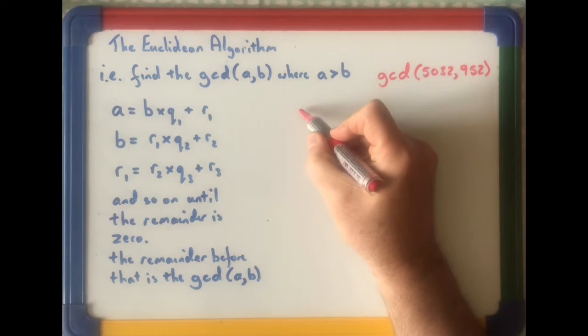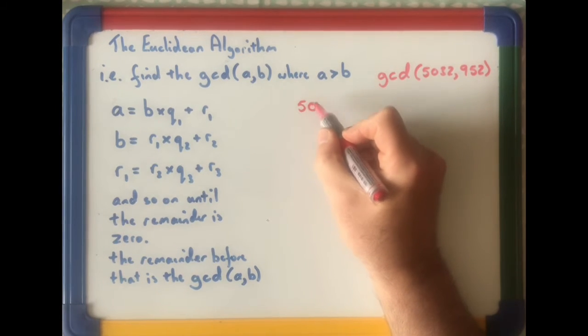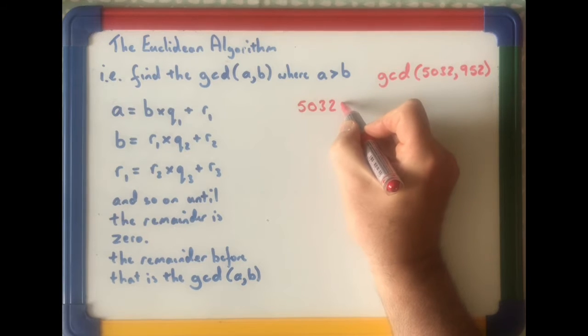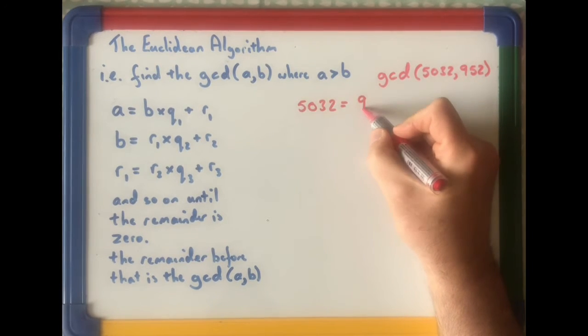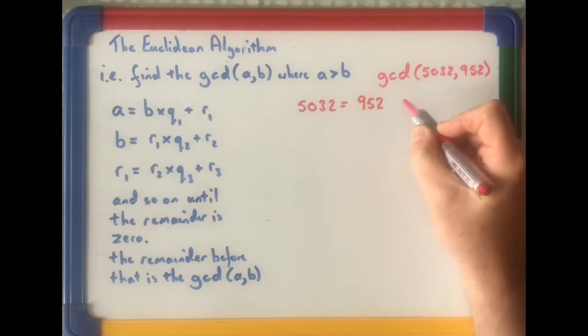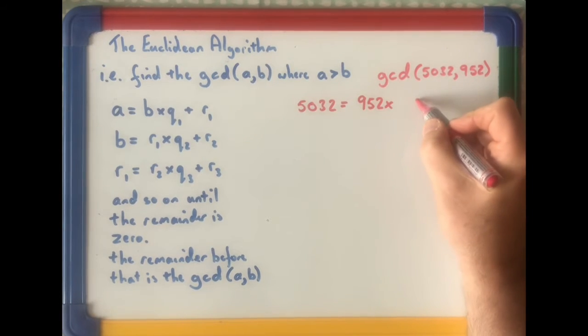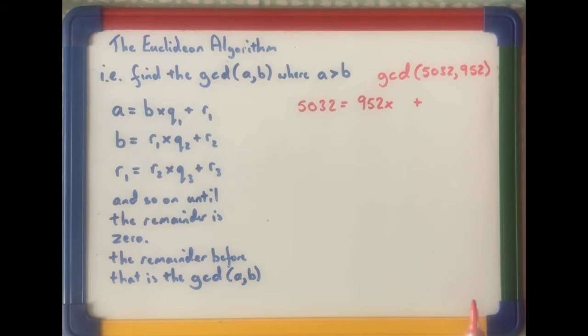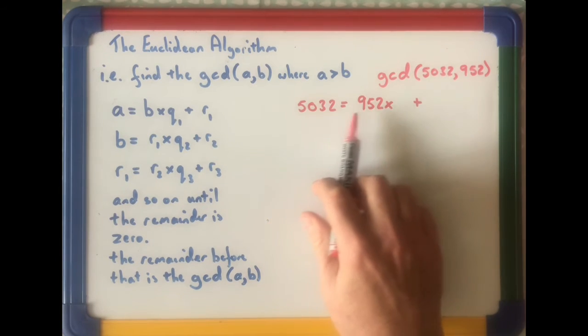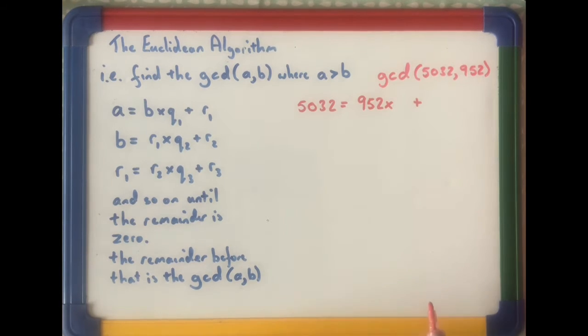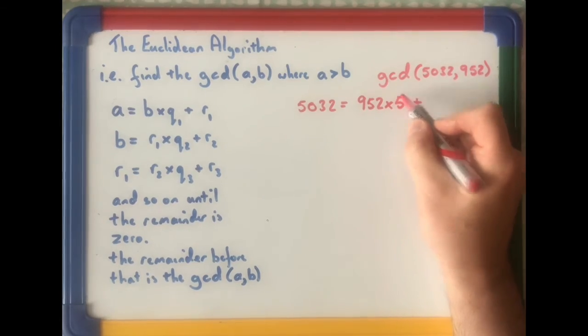I've got to write 5032 as, remember, this number 952 times a number plus a remainder. Now, you can see, 900 times 5 would give me 4500, so that's going to be about 5. Remember, if you try one and it's too big, you just go down one. But I'm going to say that's times 5.